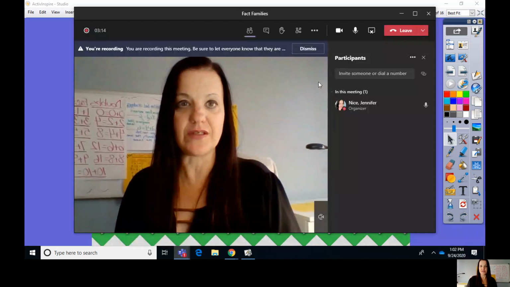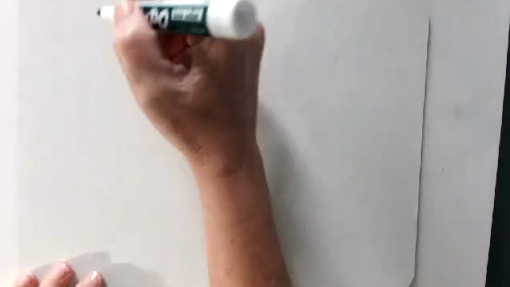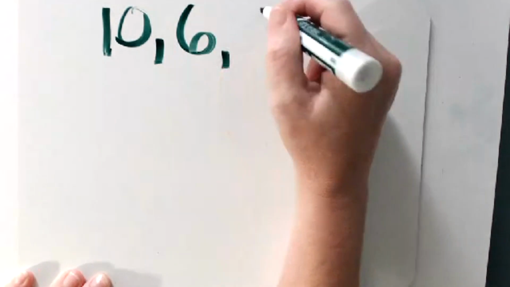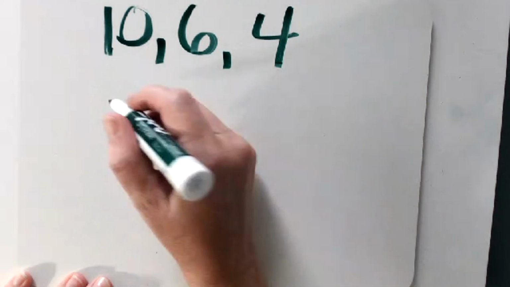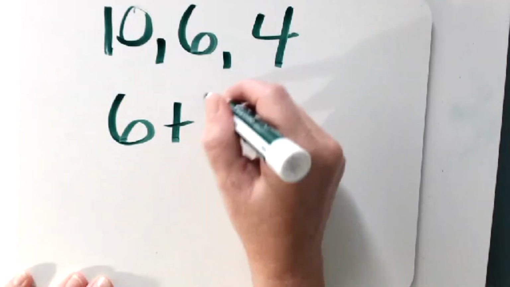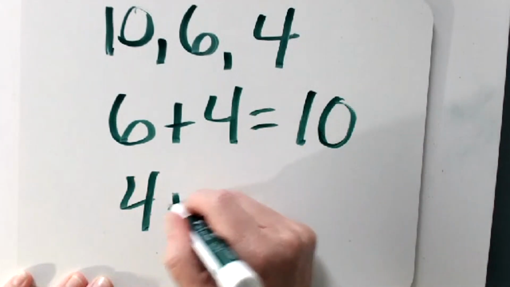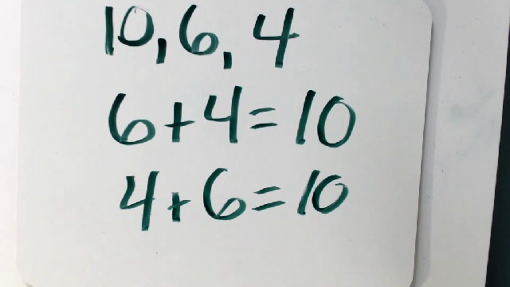All right, friends, you are back. So let's look at those numbers and let's see if you added your 2 addition equations. So we had 10, 6, and 4. Now, if you thought about 6 plus 4 equals 10, and 4 plus 6 equals 10, you were correct.